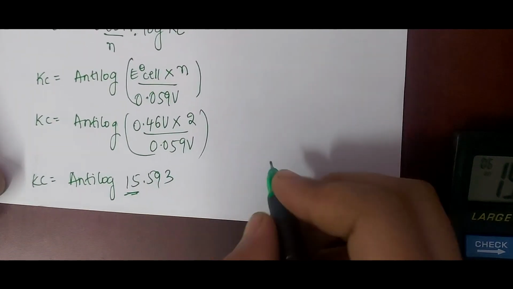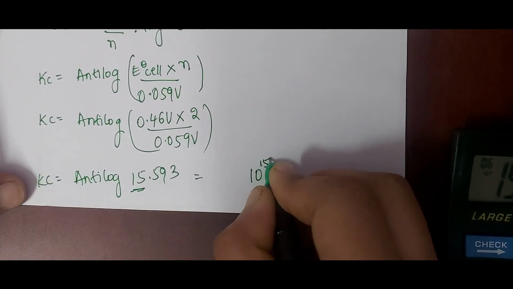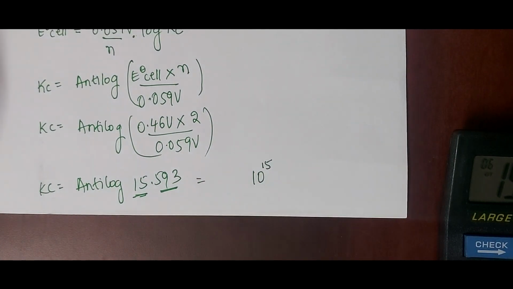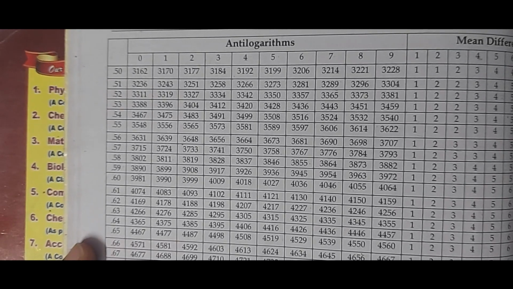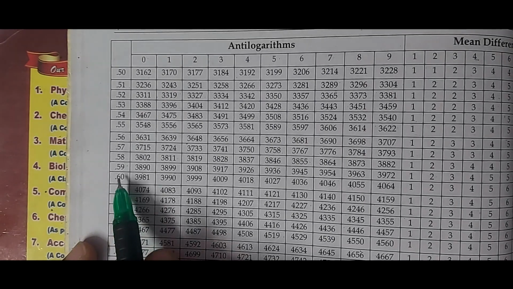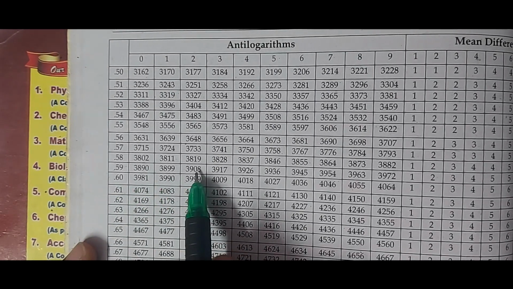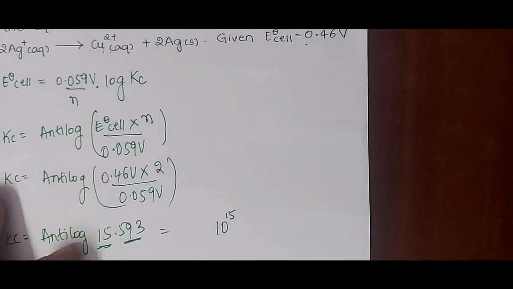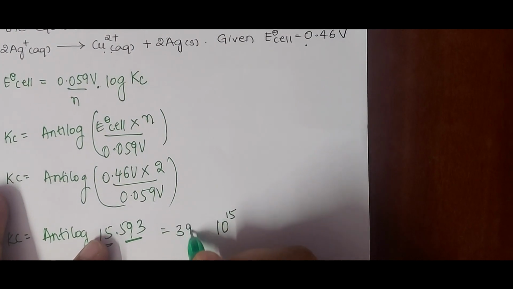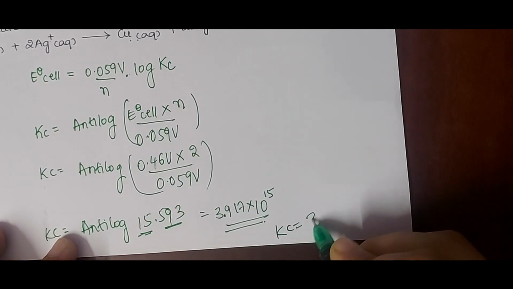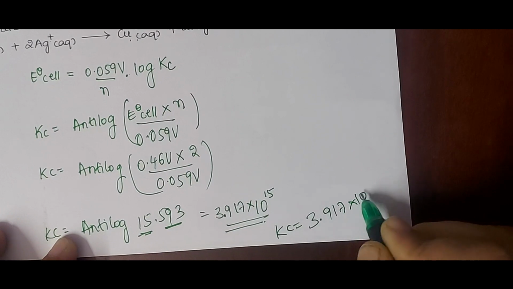Whatever you have before the decimal point, you write it as 10 to the power 15, and 0.593 we find in the antilogarithmic table. In antilog we were left with 0.593. So here 0.59 is here, and 3 means 0, 1, 2, 3. It is 3917. So we'll write this value here. It is 3.917 into 10 to the power 15. So it is your Kc value. Kc is equal to 3.917 into 10 to the power 15.